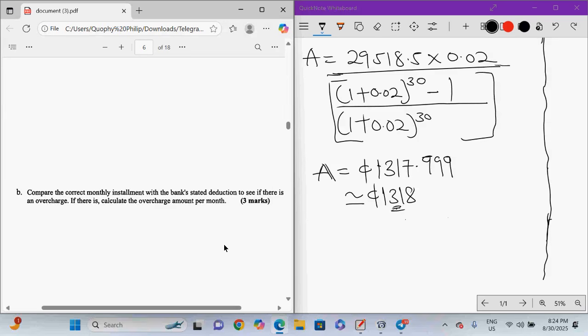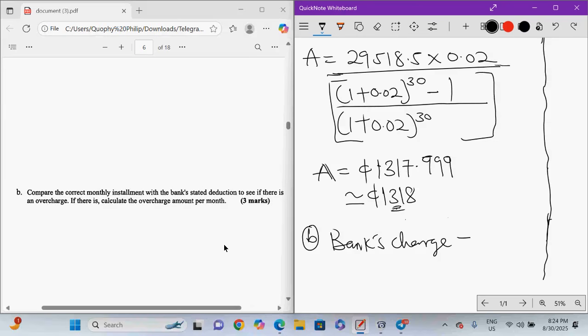All right. So how much is the bank's charge? The bank's charge is 1,390. And how much is the accurate amount? 1,318.